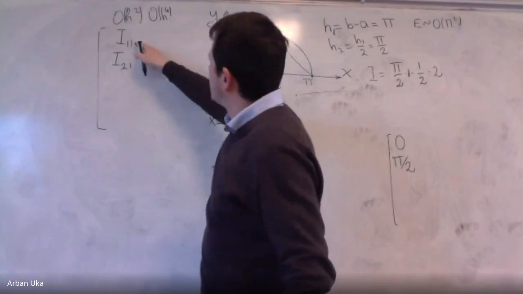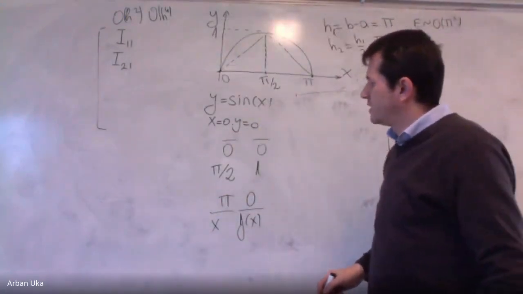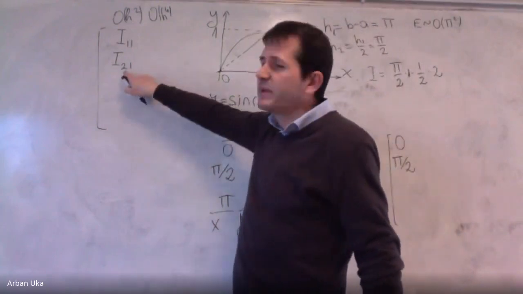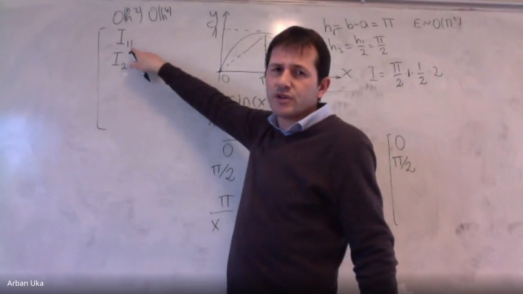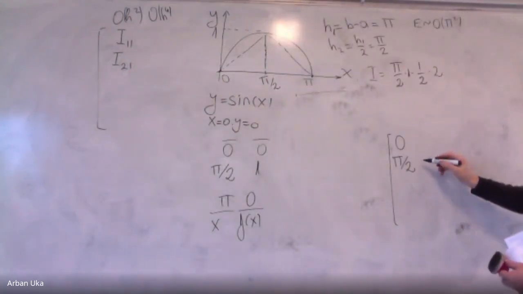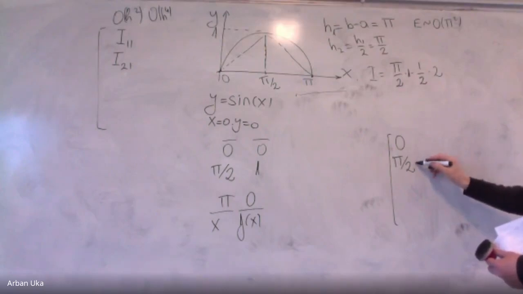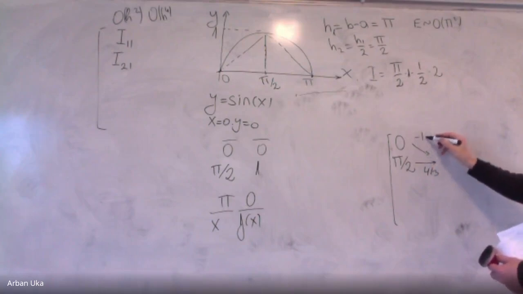And how do we combine these two? These two can be combined by multiplying this by 4/3 and subtracting 1/3 of this. So the next value we can find as follows. We multiply this by 4/3, and this one comes down with minus 1/3.